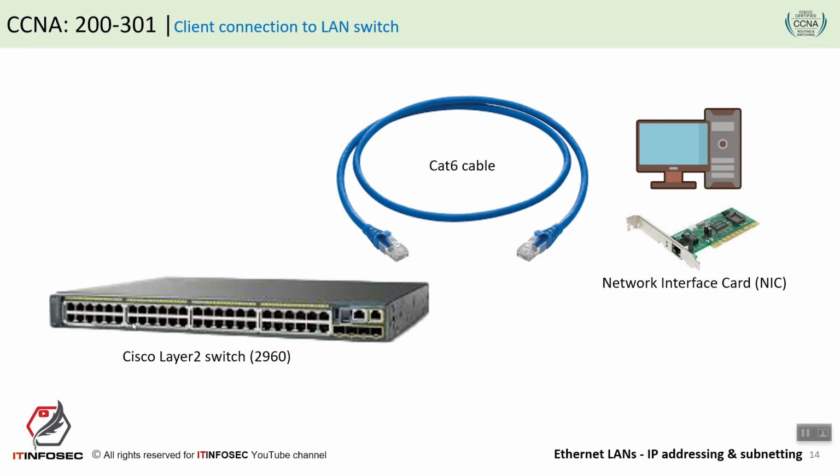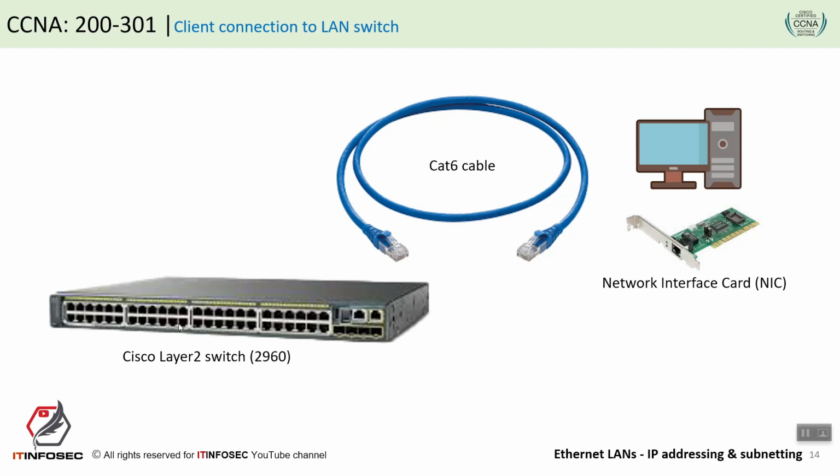The switch is the starting point of making the network, and commonly it will be a Cisco layer 2 switch, such as models 2960 or 2950. Each Cisco switch starts with the number 2.